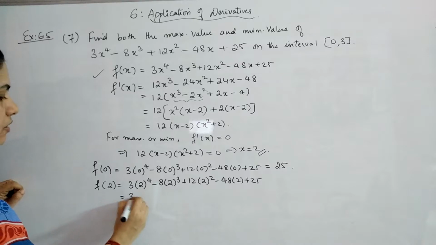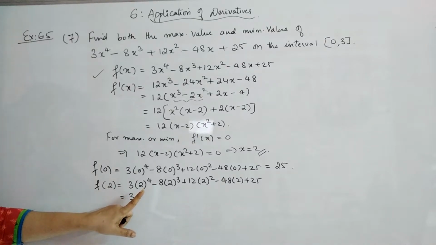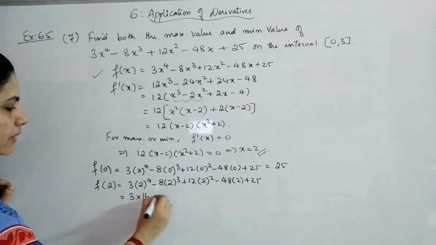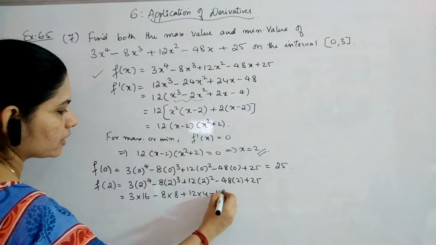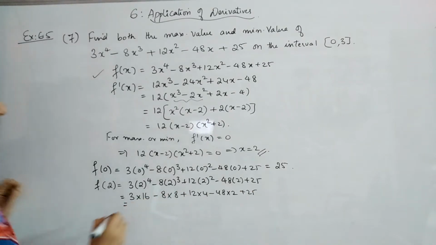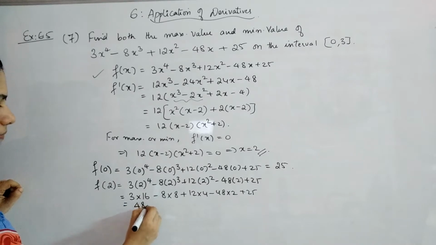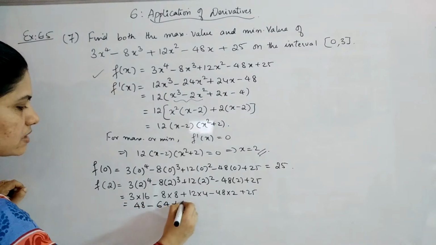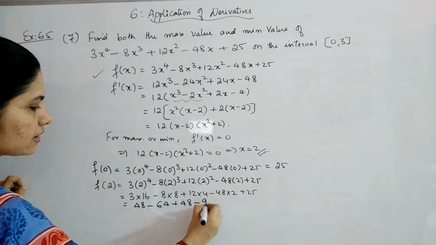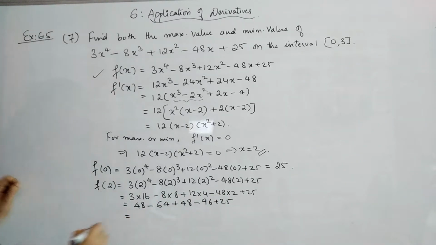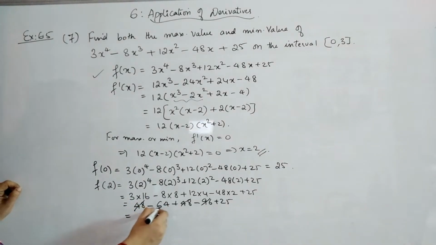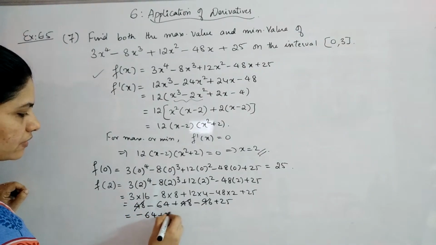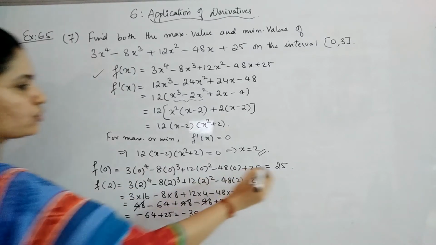This will give you 3 into 16 minus 8 into 8 plus 12 into 4 minus 48 into 2 plus 25, which is 48 minus 64 plus 48 minus 96 plus 25, right? So 48 plus 48 is 96, this will cancel with the negative 96, so you will get minus 64 plus 25, which is minus 39. Okay. So two values got.